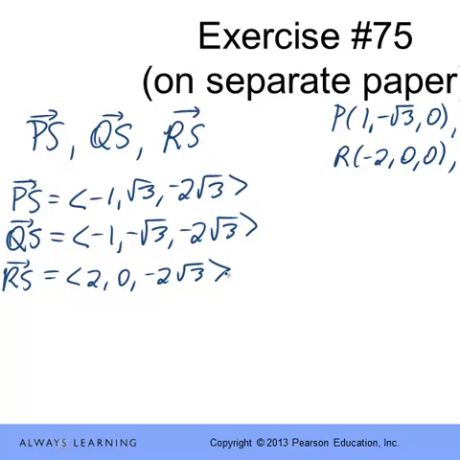Now, these are not vectors that go from point S upward, because we're not solving this like a physics problem. If this were a physics problem, then we would be wanting to analyze the forces on a stationary object. So we would be wanting to draw a three-dimensional free body diagram, right?